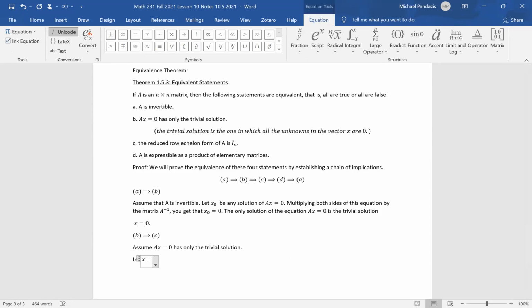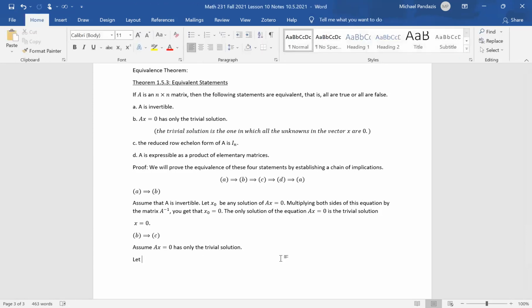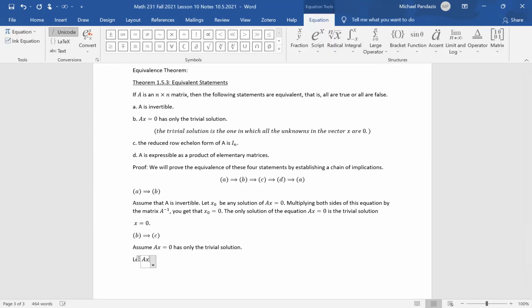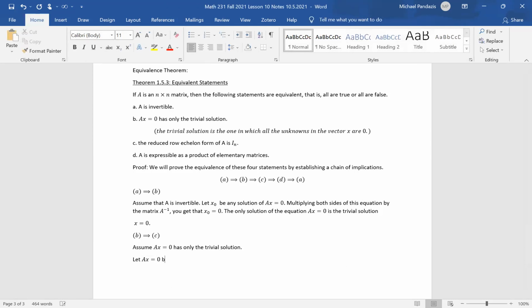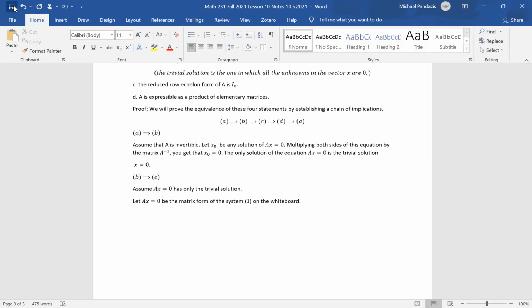So let Ax equals 0 be the matrix form of the system. I'm going to do B implies C on the whiteboard because it helps writing. So let's go to the whiteboard.